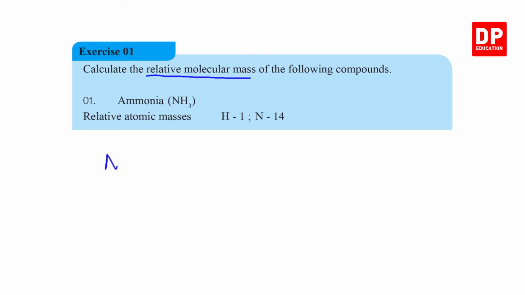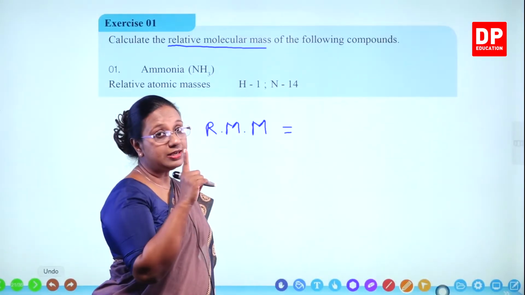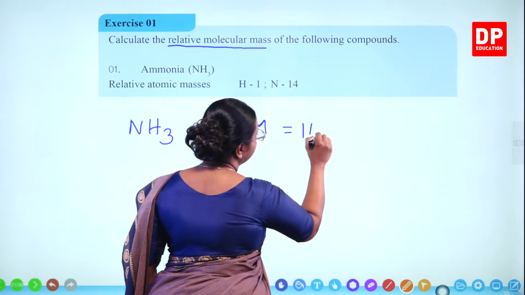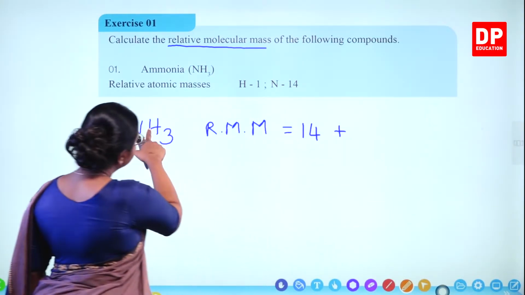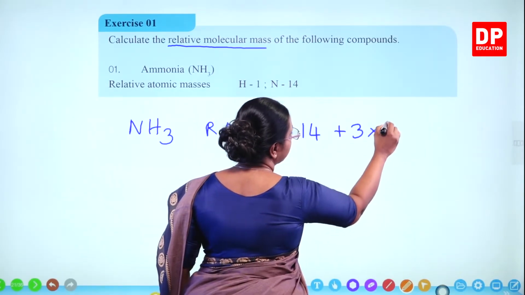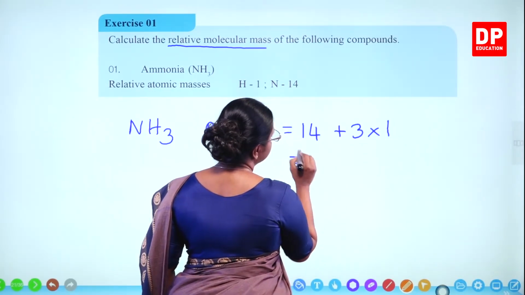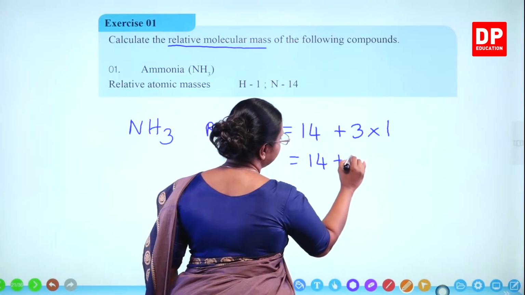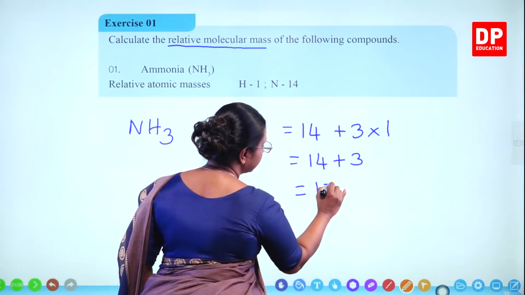So for ammonia, if you are to calculate the relative molecular mass, then you have 1 nitrogen. So 14 plus you have 3 hydrogens. So 3 times 1. That is equal to 14 plus 3. That is 17.